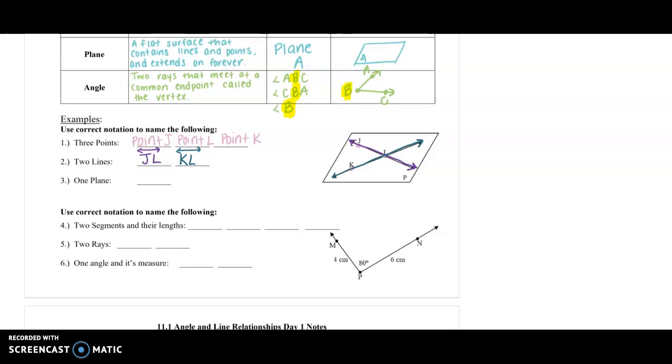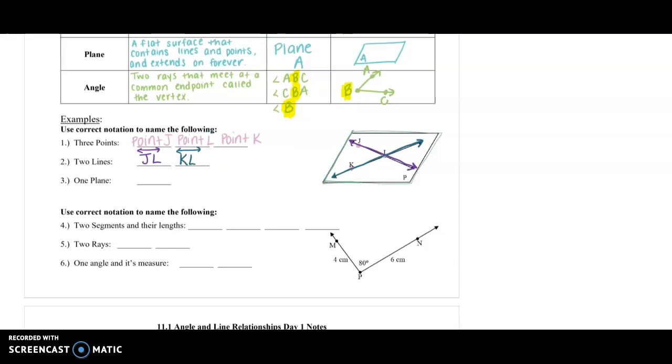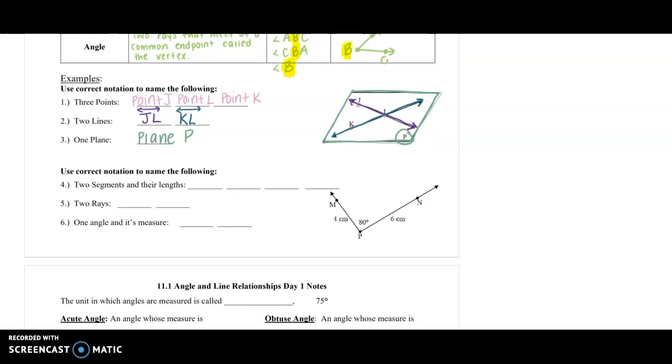And then it says name a plane. This entire drawing here, let me make that green a little easier to see, is a plane, and it's labeled with the letter P in the bottom. So this would be plane P. Now numbers 4 through 6 say use correct notation to name the following. Again, two segments and their lengths.